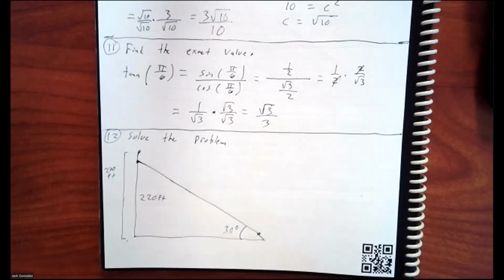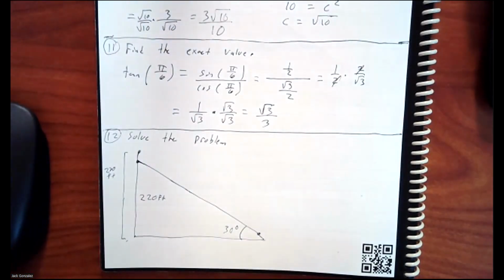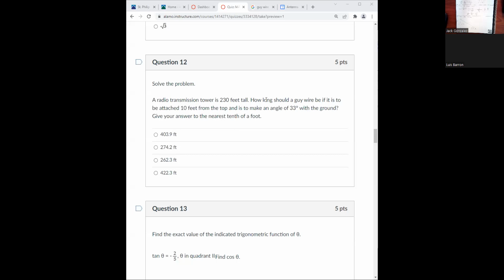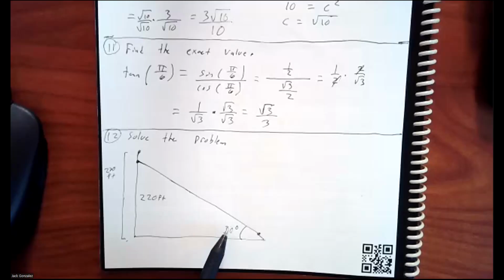So what function should I use to solve the problem? What did they ask for, actually? I already forgot what the question was. How long should the guy wire be? So they want to know the hypotenuse, right? That's what they're asking for. I'm missing a side, but I have an angle.